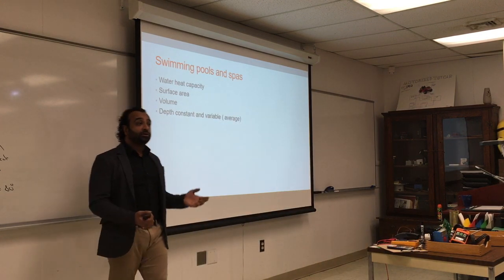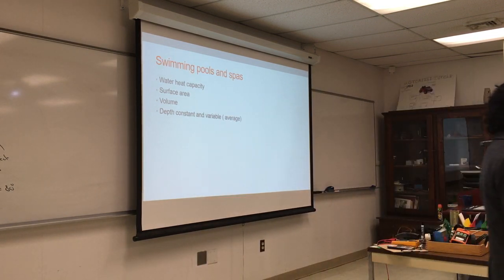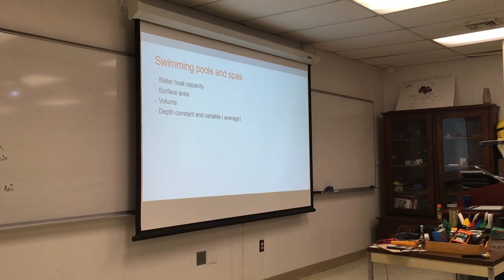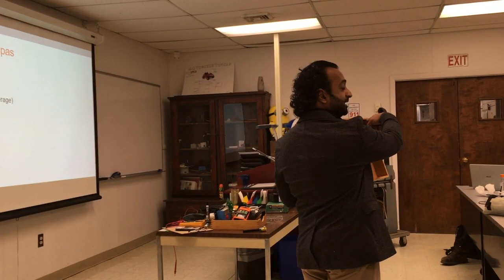And again, I would love to distinguish between volume and surface area. So let's make this clear. If I have this box, what is the surface area? This is the swimming pool. Just the area, the top. It's going to be length times width. That's the surface area. What is the volume? Length times width times depth.